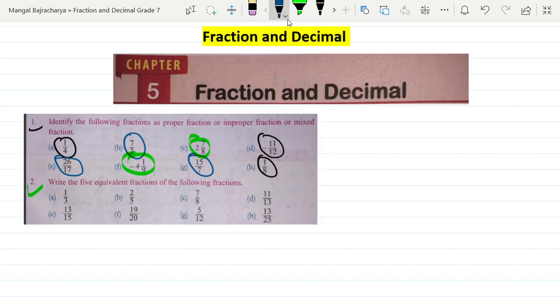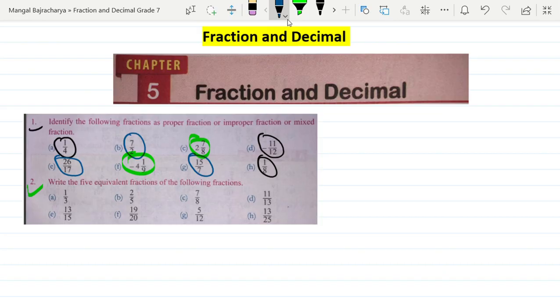Some fractions are given, and for that we have to identify their equivalent fractions. To form equivalent fractions, we have to multiply the given fraction by the same number in both the numerator and denominator. Then the fraction formed will be equivalent to the original fraction. So one example will be enough for you to learn this.